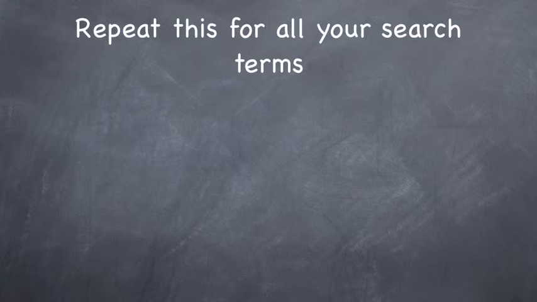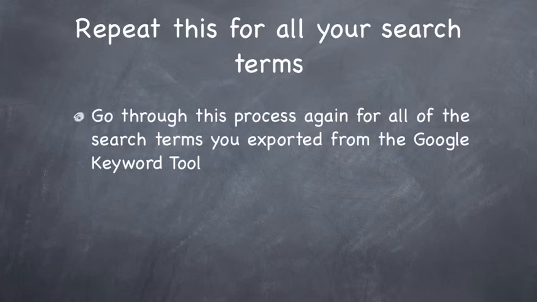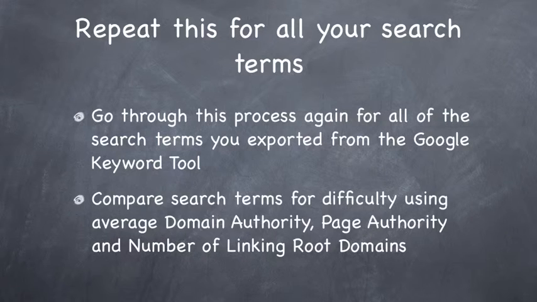Now you need to go back and repeat this for all your search terms. So all of the search terms you exported from the Google Keyword Tool in week 1, go through that, find out the top 10 results for that search term, and then copy and paste the web addresses from Google into Excel, and then again into Open Site Explorer, and retrieve the domain authority, the page authority, and number of linking root domains for those sites.